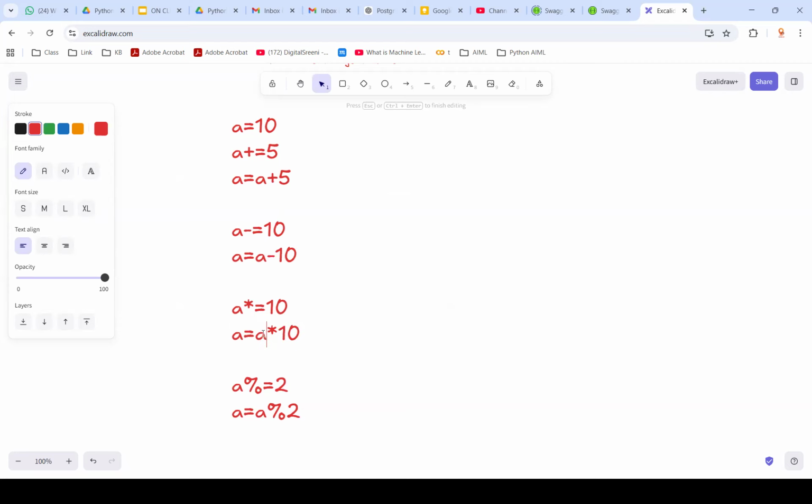Basically, this is more clear instead of this, because if someone sees this line, maybe they will be confused about what we have written. But if you write this line, anyone can read and understand that the meaning of this is A is equal to A minus 10.